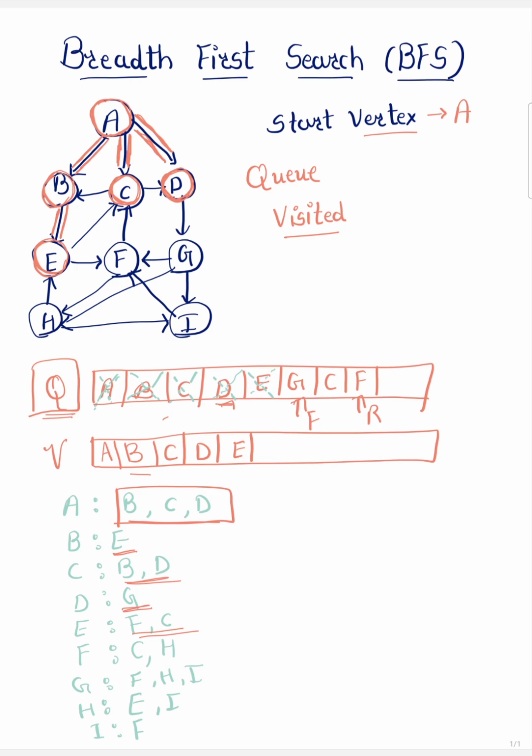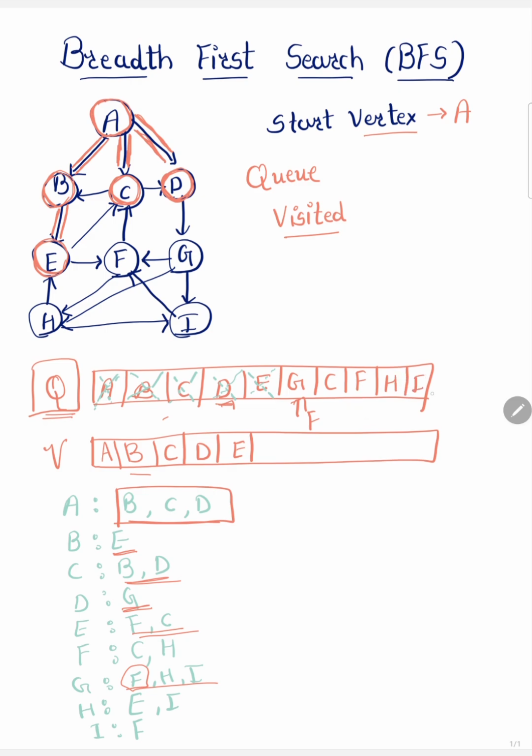Okay, now again we need to repeat the same steps, right? So now it's the turn for G, and the neighboring nodes for G are F, H and I. F is already available in the queue. H is not available, I is not available. So again I'll enqueue H and I over here.